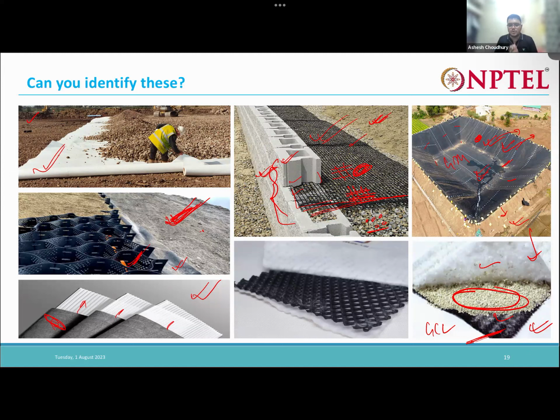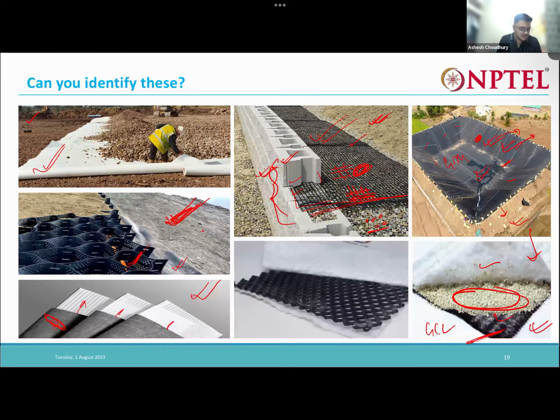To prevent that, we want to accelerate the consolidation process, and let the maximum consolidation happen. After this consolidation is over, only after that will we construct the structure over it. So for that, to accelerate the consolidation process, these PVDs are actually used.